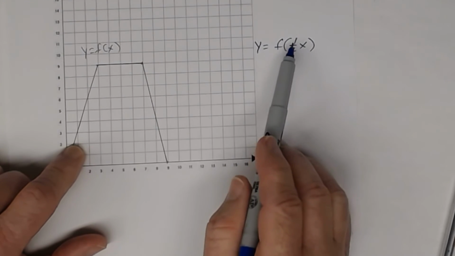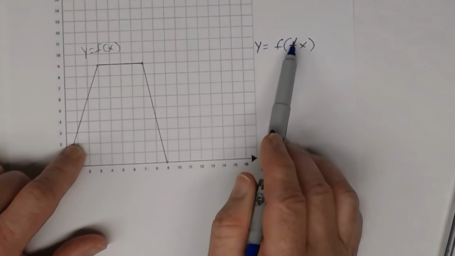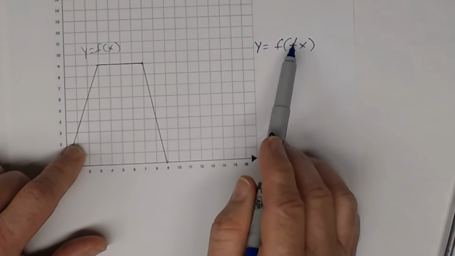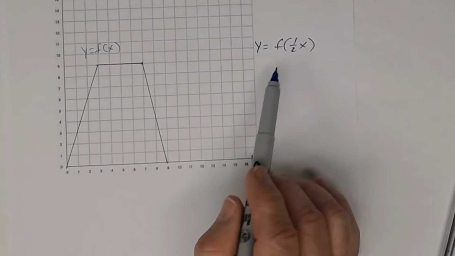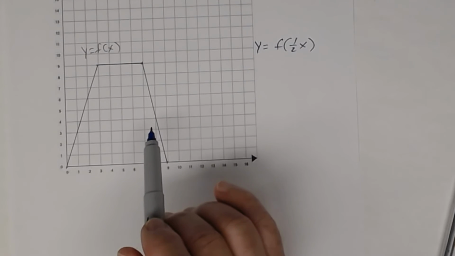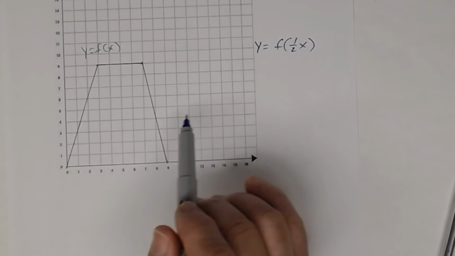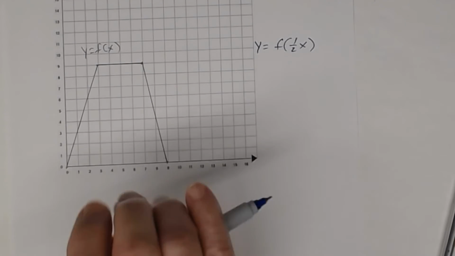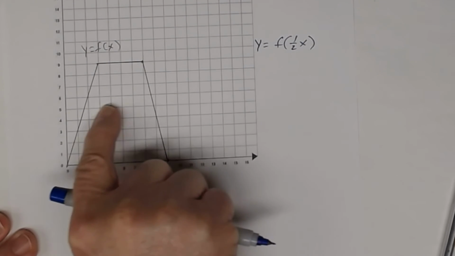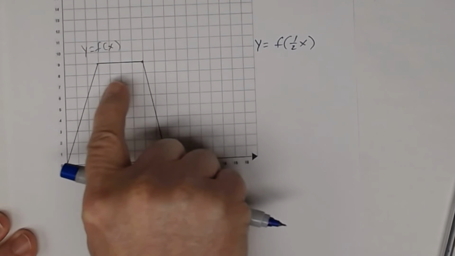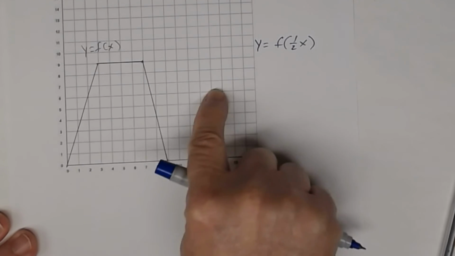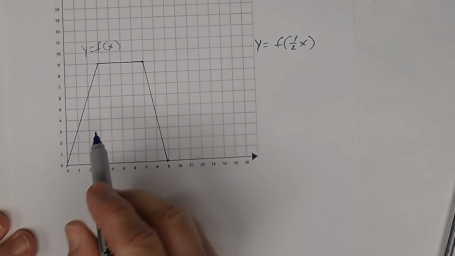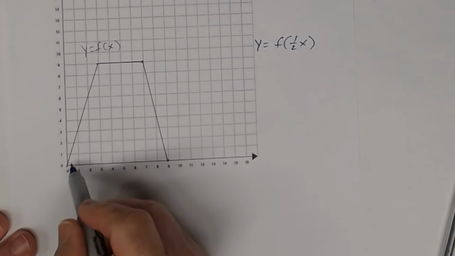If the absolute value of k, so k is 1/2, the absolute value of 1/2 is 1/2, is less than 1, then that's going to be a horizontal stretch. So you're going to take each of those parts and move it to the right. The best way to do that is to look at those coordinates.